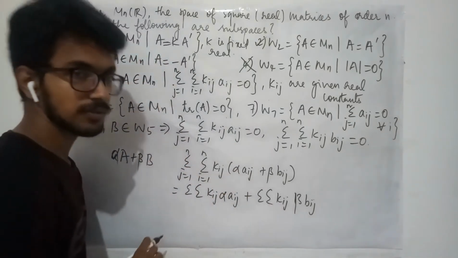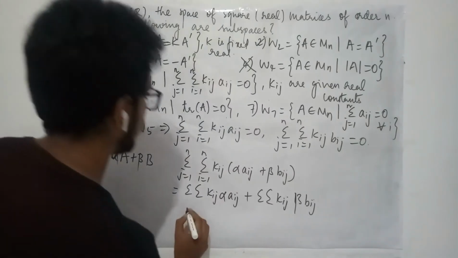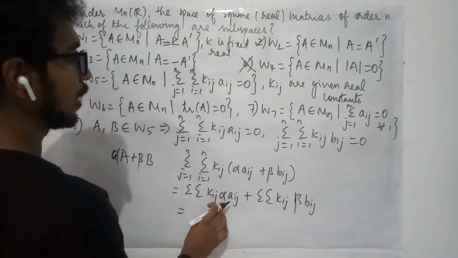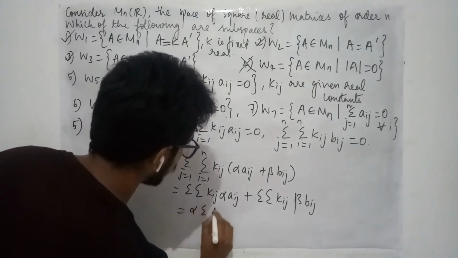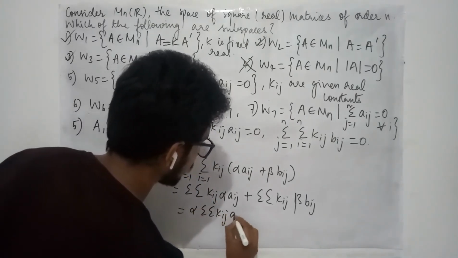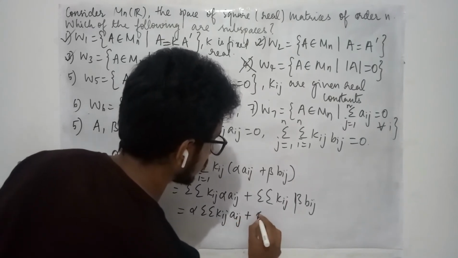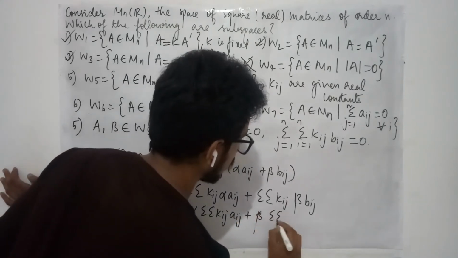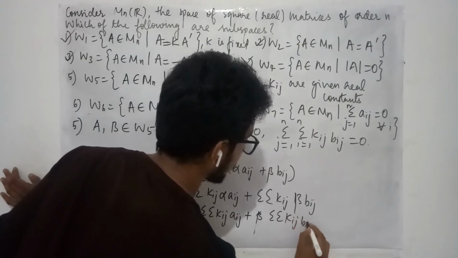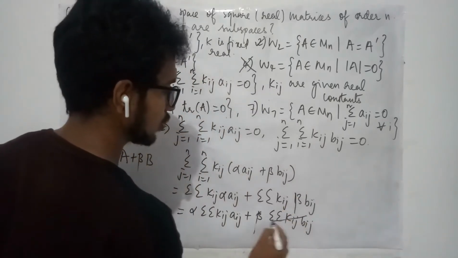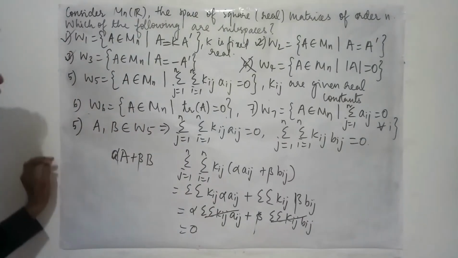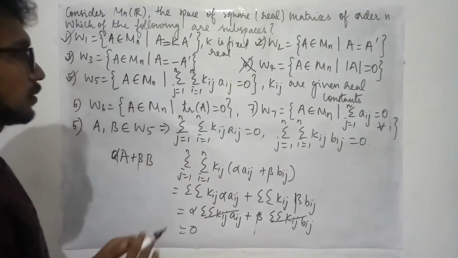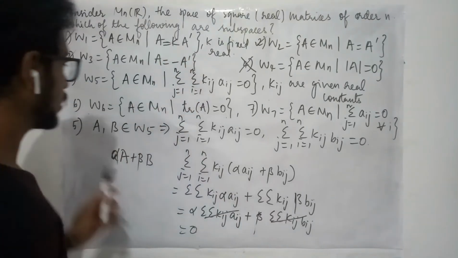So you can make use of the associativity and take alpha outside, because alpha is not involved in this ij. So when you take alpha outside, you have this thing. Here you take beta outside, so you have, so this part is 0 and this part is 0, so you get it to be 0. Therefore it is a subspace, right?